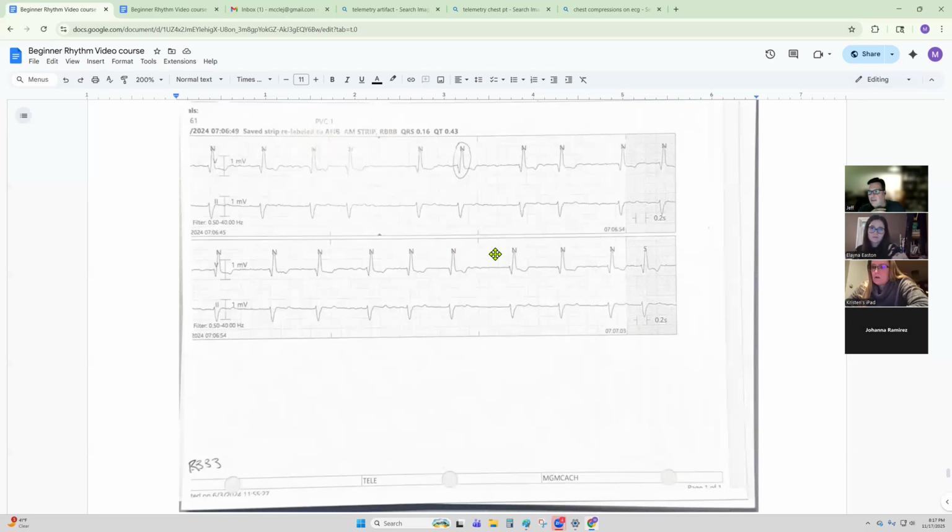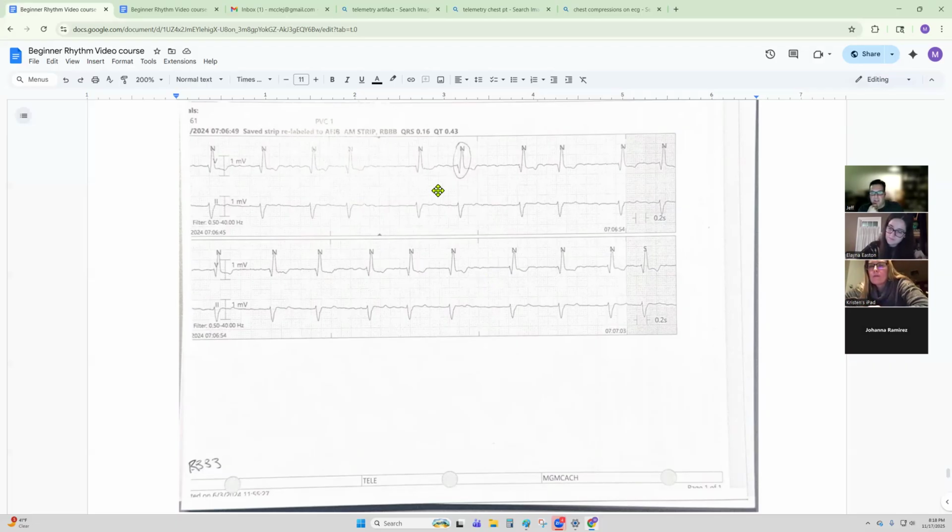Those are lefts. If it's a negative in the V lead and a positive T wave, it's a left bundle branch block. With right bundle branch blocks, you're going to have a negative low dip. The last half of the QRS complex is going to be positive into a negative T wave, where left bundle branch is positive.